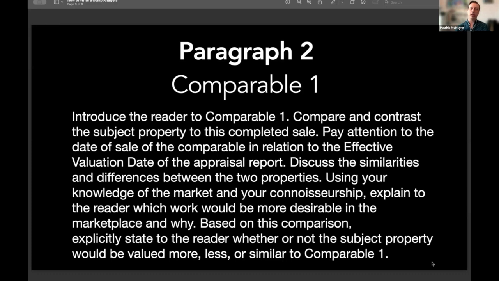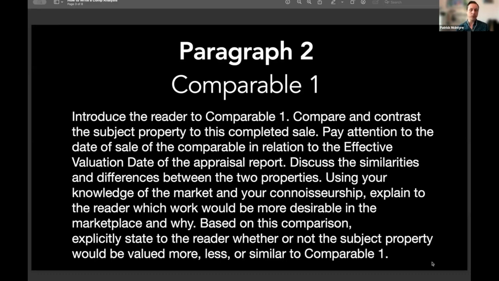When we're talking about chronological order, that's referring to the date of the completed sale of that comparable, because you always want to pay attention to the dates of sales of the comparables in relation to the effective valuation date of your appraisal report. That's a really important thing.